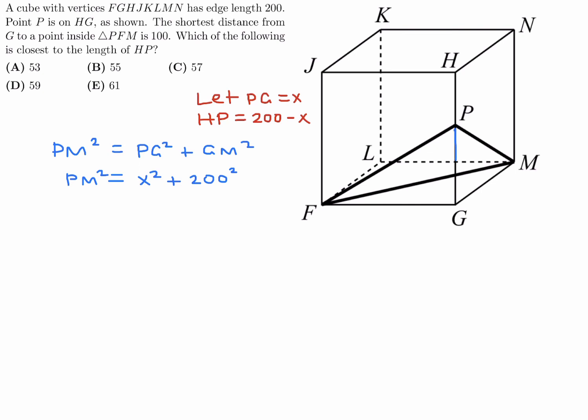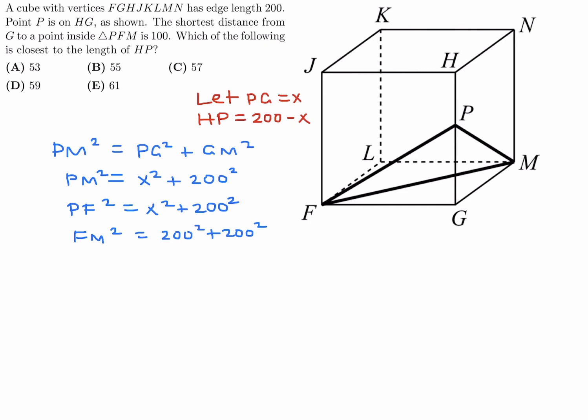In a very similar way, we will figure out PF using that triangle. PF squared is also equal to X squared plus 200 squared. And then finally, I'll figure out FM using that triangle right here, where this is a right angle. FM squared is equal to 200 squared plus 200 squared.